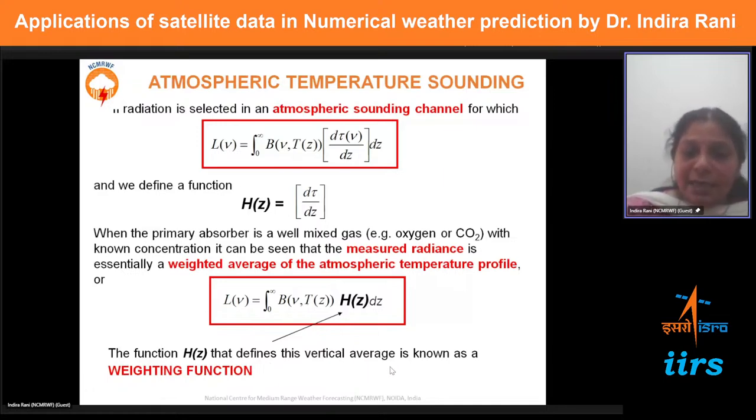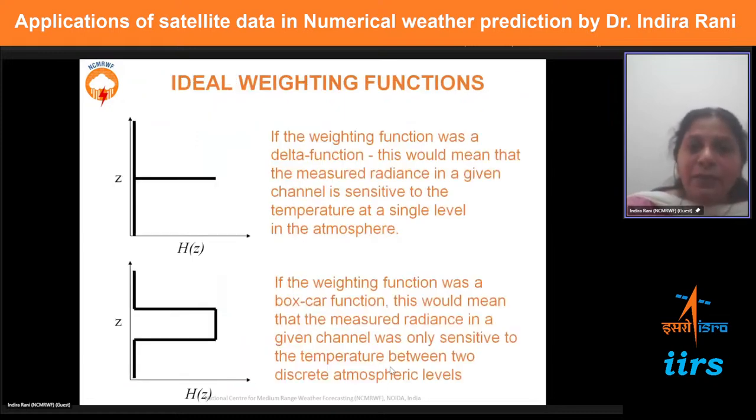In satellite atmospheric sounding, the weighting function is very important, and it can be of different types. The ideal weighting function is a delta function, meaning only one particular level is sensitive. It can also be a boxcar function, meaning it is sensitive between two levels, a box-type shape.